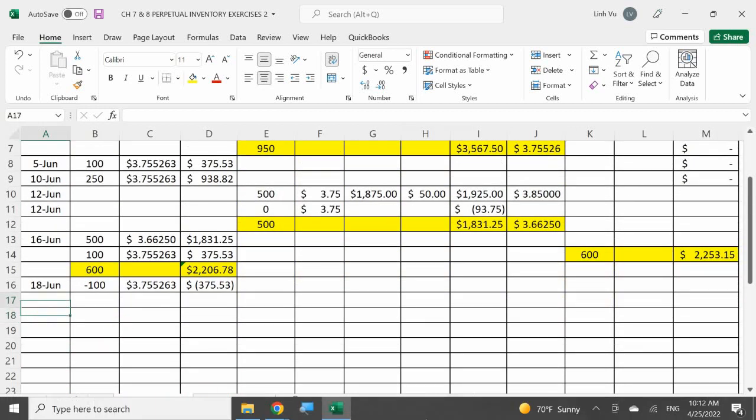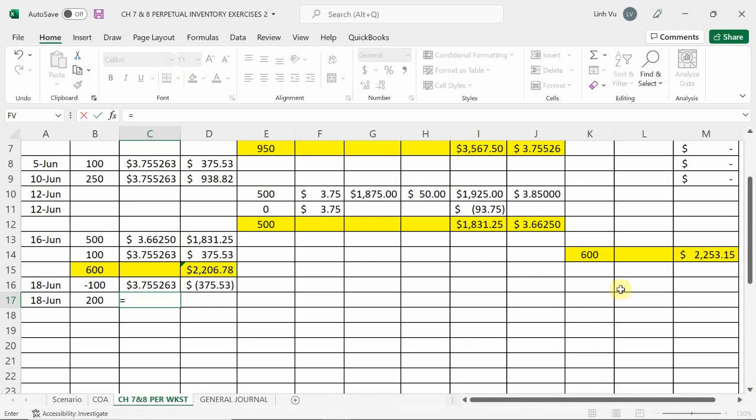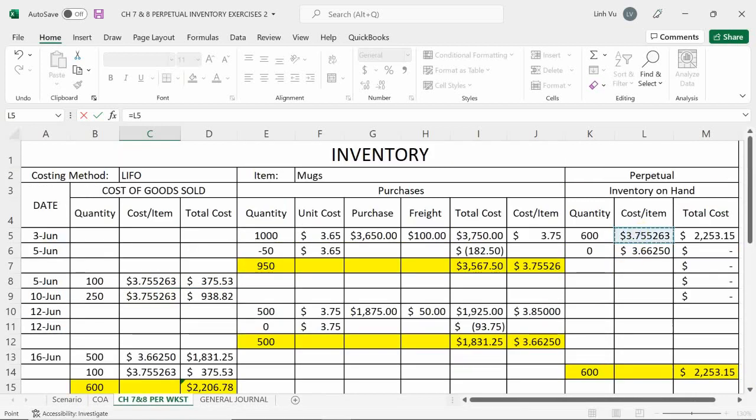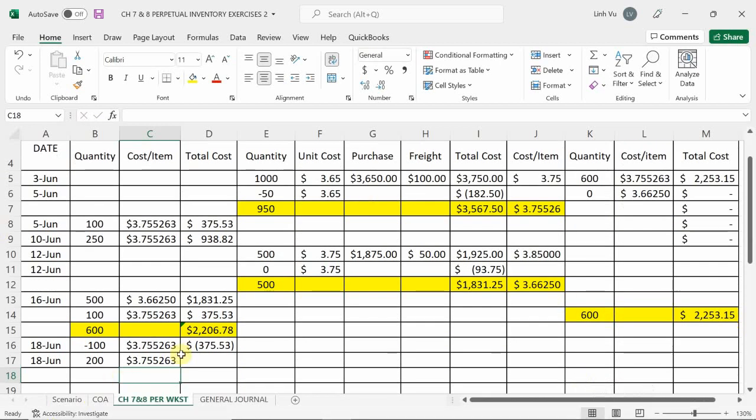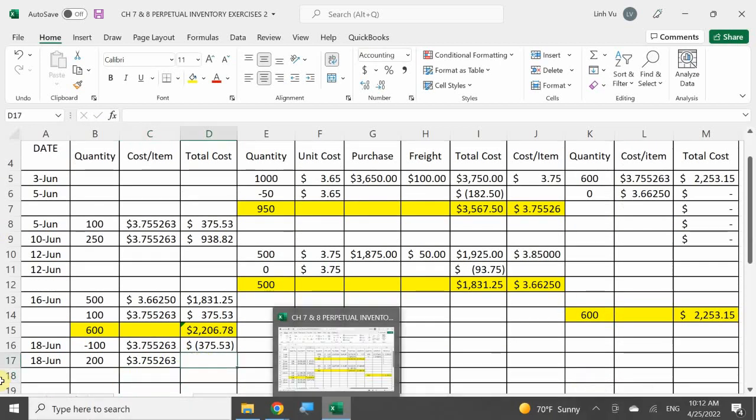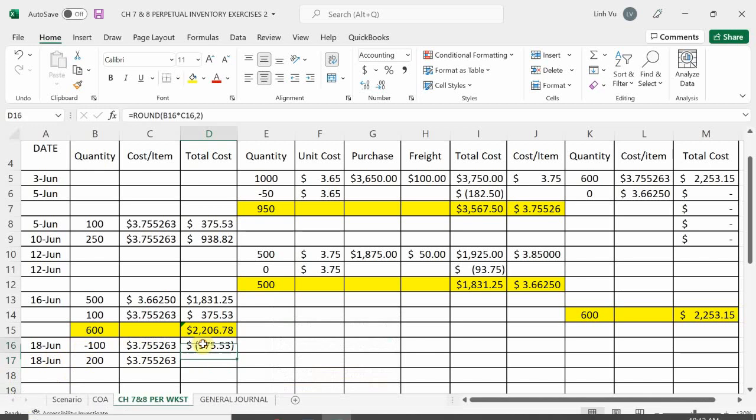So in this case, we sold 200 mugs and have only one batch of inventory left. So how much? 3.755.